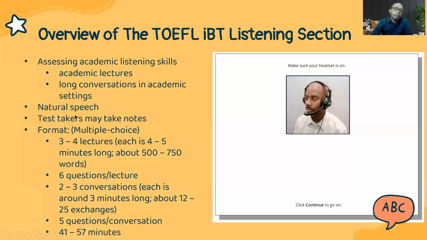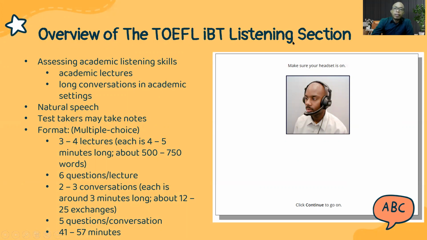You will be allowed to take notes. In fact, you should take notes because you will only be able to listen to the audio once. After that, you will answer the questions based on what you remember from the listening if you don't take notes. So that's why it's very important.